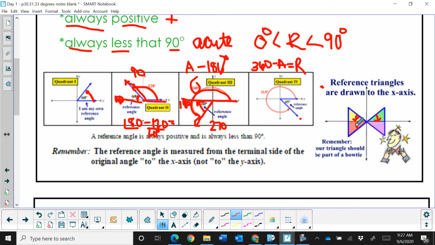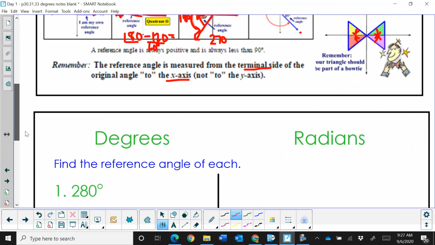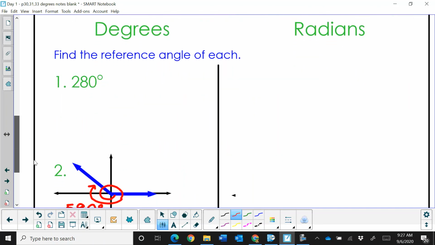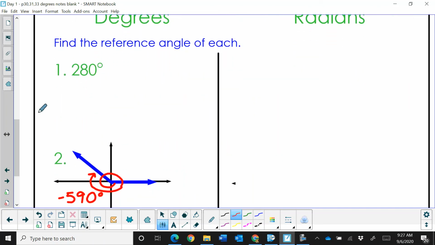Quadrant 3, we're going back to the x-axis, or back to 180. And then quadrant 4, you're trying to reach 360. So the reference angle is the measure of the terminal side of the original angle to the x-axis. So you're always going back to which axis? The x-axis.